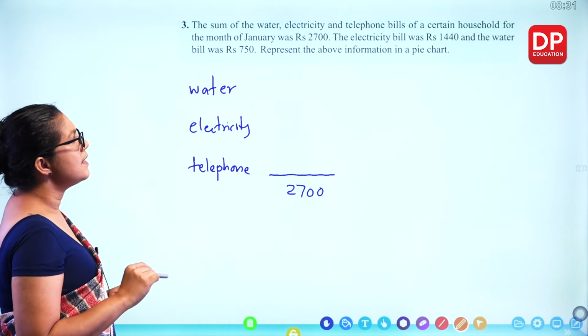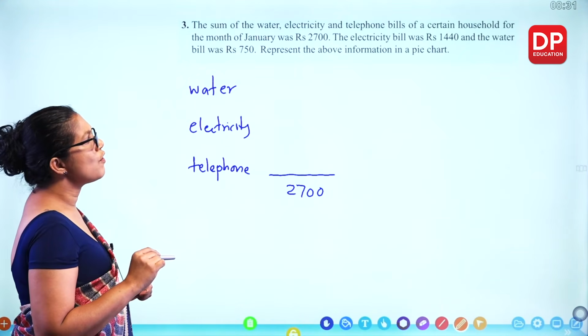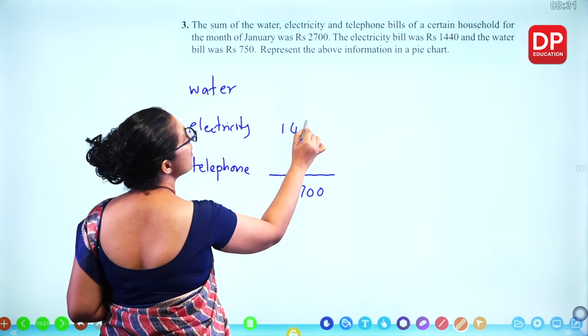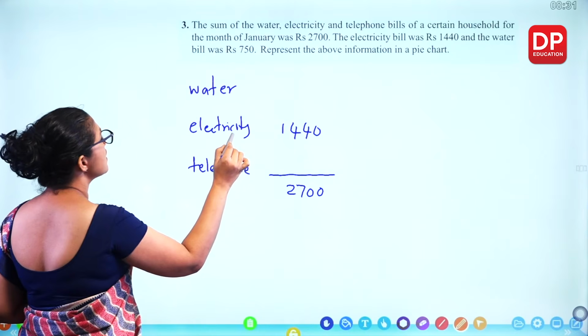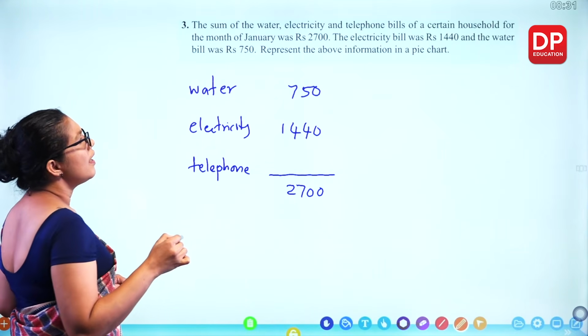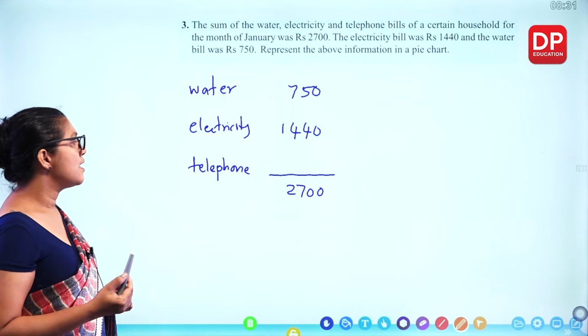That's the total. The electricity bill was 1,440 and the water bill 750. And you need the telephone bill.